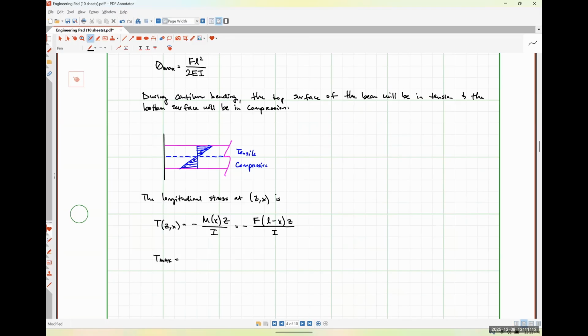And so that's going to look like FLB over 2I, where again, B is the dimension in the direction of bending. Or we could write this as 3E B over twice L squared times Z, which is the amount of deflection that has occurred.